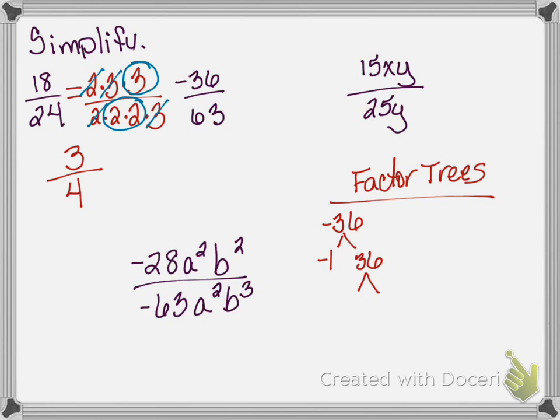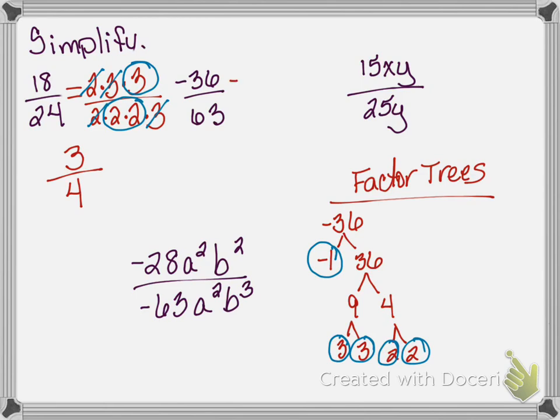Now, some of you might do 6 times 6. Some of you might do 9 times 4. It doesn't matter which one you do. You might do 2 times 18. Any of those are fine as long as you keep breaking it down to primes. So if a number can be broken down further, you are going to keep breaking it down. So my prime factorization for this is -1 times 3 times 3 times 2 times 2.